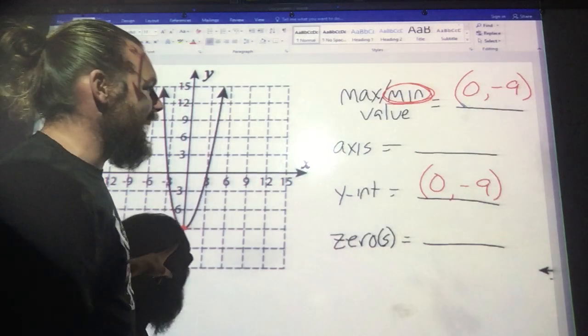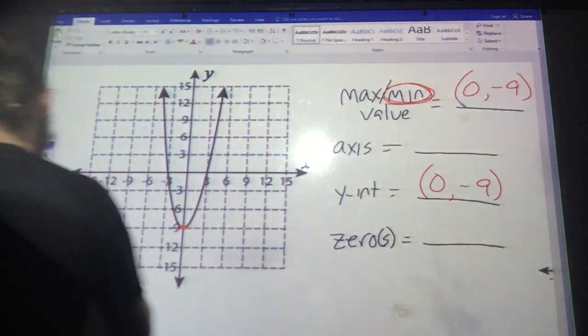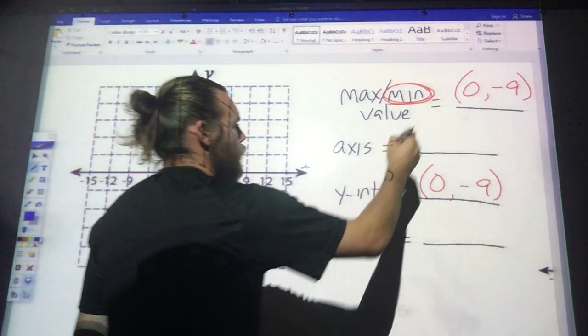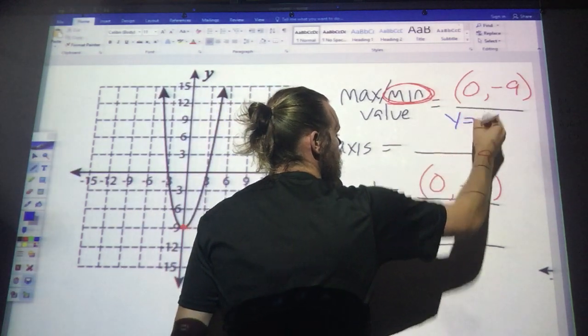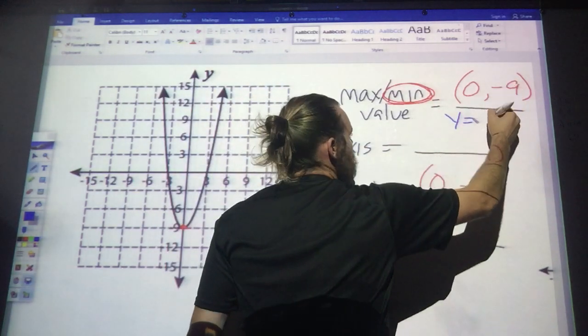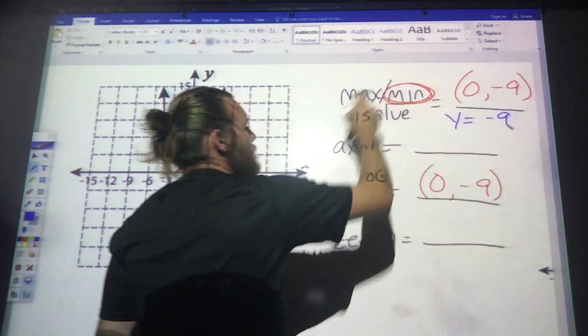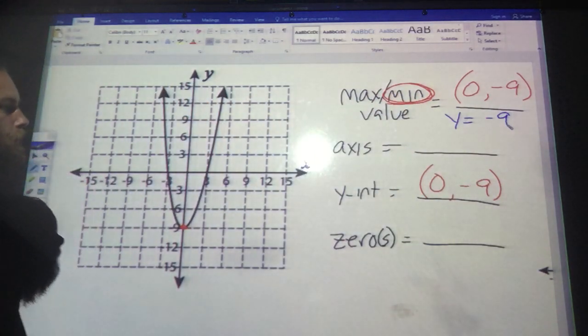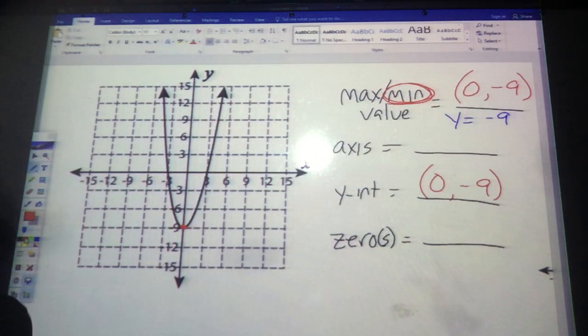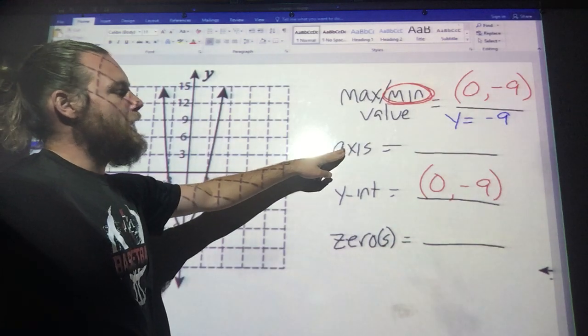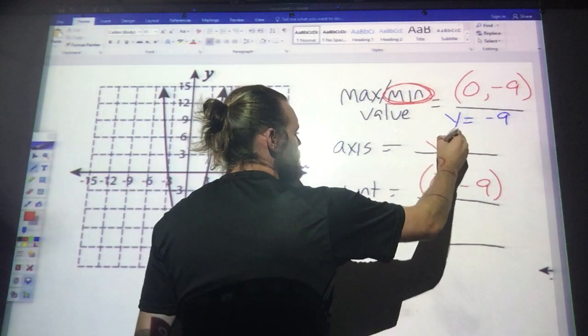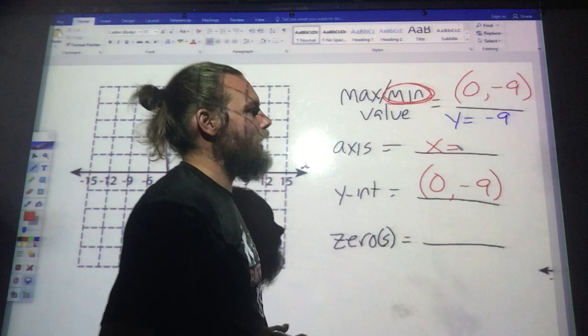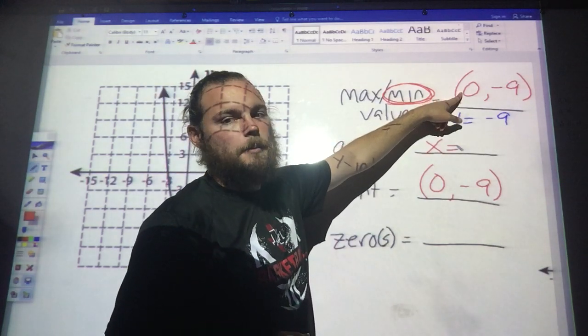Now the minimum value is written as y equals the y value of the maximum or minimum. The axis of symmetry is x equals the x value of the maximum or minimum.